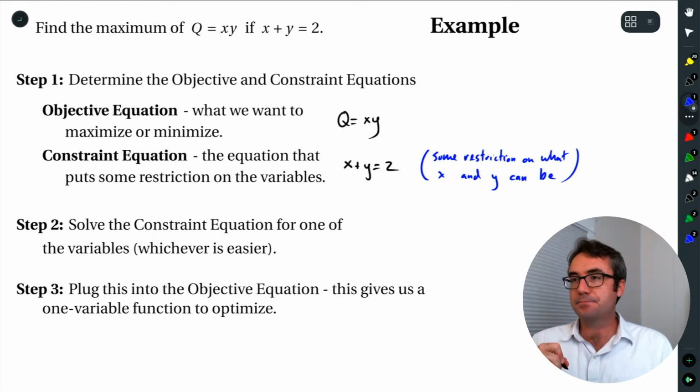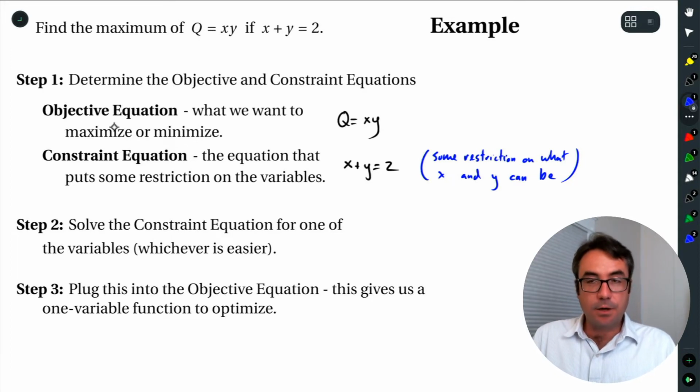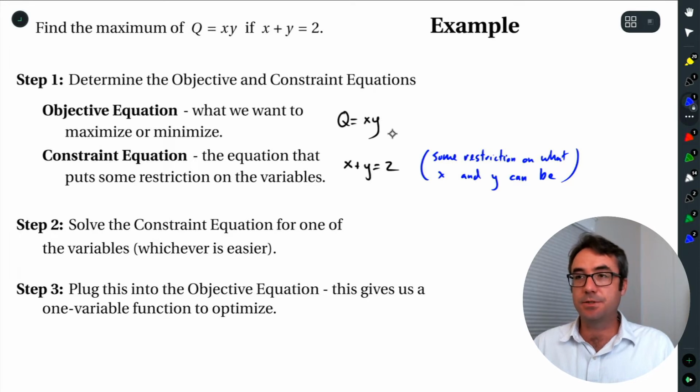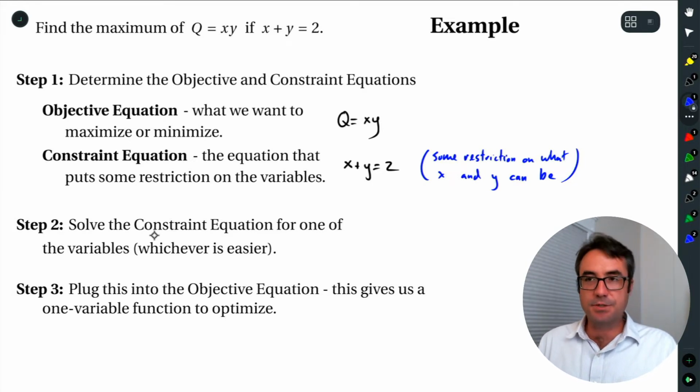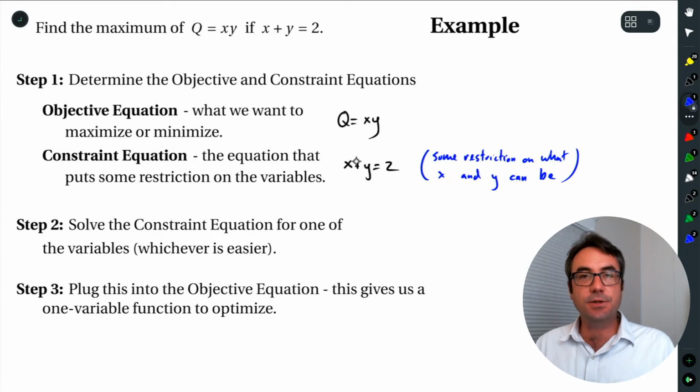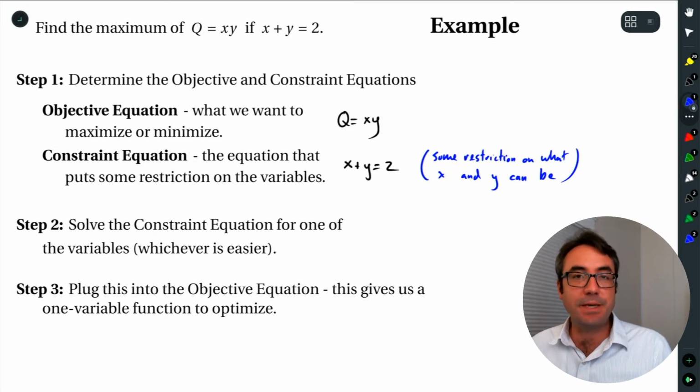All right. So that's the first step: identify what we're going to call the objective function, or objective equation, and the constraint equation. In this case, we have these equations already, so this isn't too bad. What comes next? Step 2 is we're going to take this constraint equation and solve for one of the variables. You look at the equation and figure out which one is going to be easier to solve for.